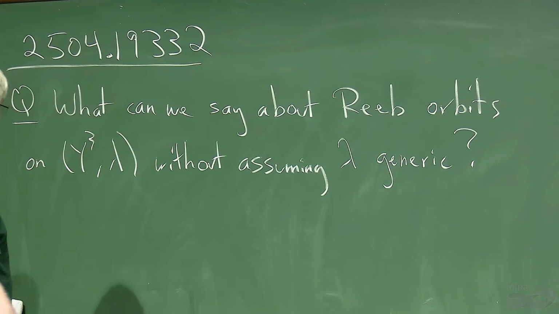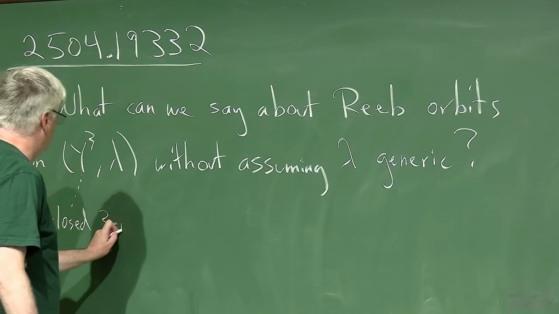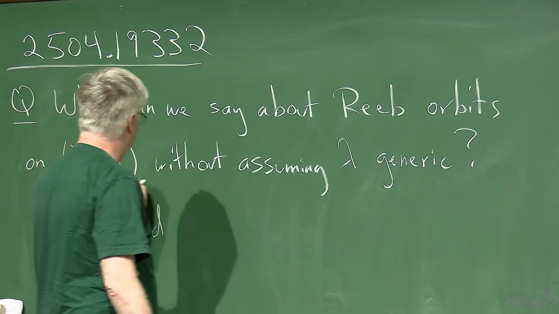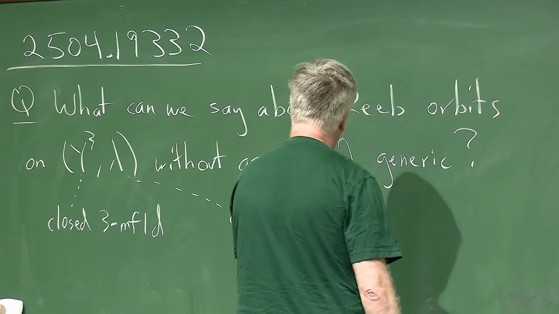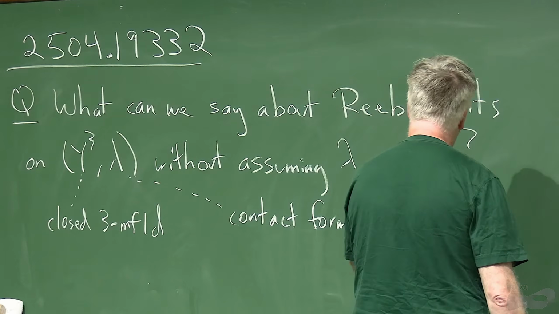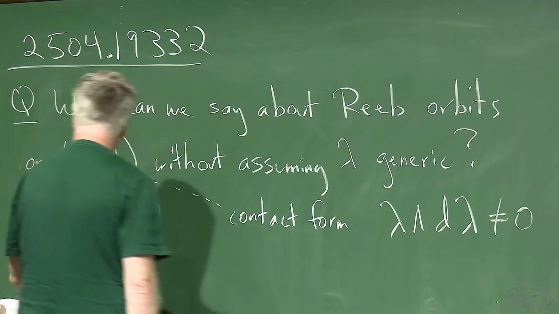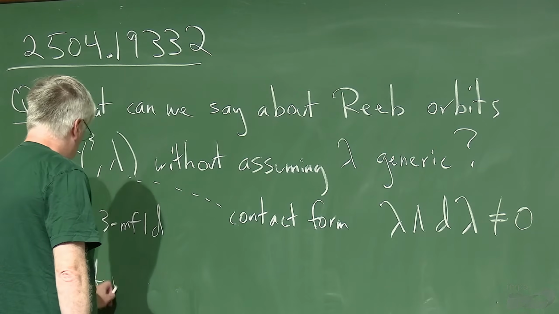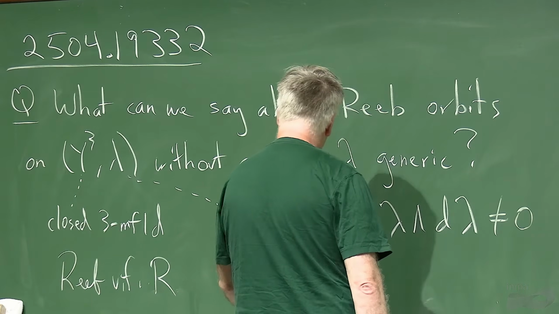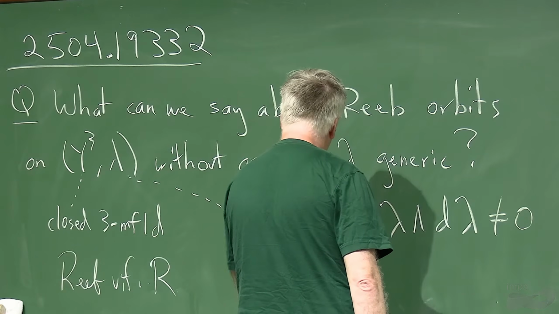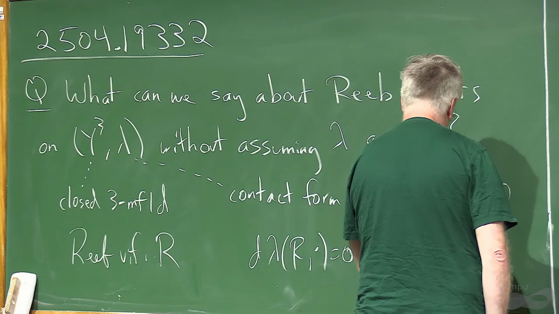Anyway, Y is a closed 3-manifold, and lambda is a contact form, so lambda wedge d lambda is never 0. And the Reeb vector field R is characterized by d lambda of R equals 0 and lambda of R equals 1.